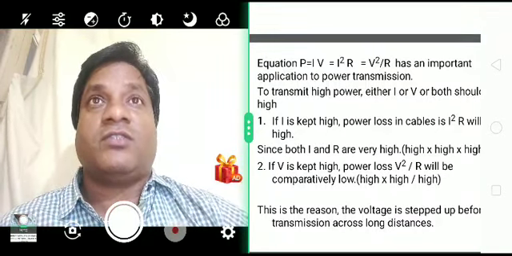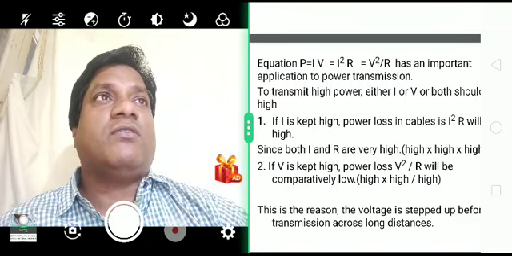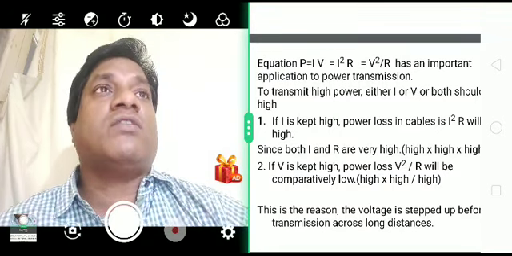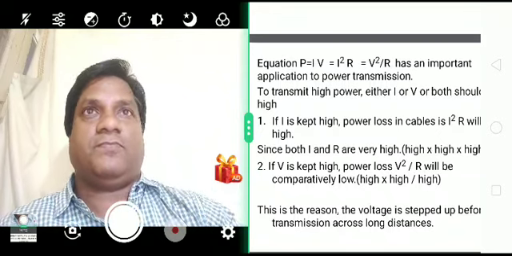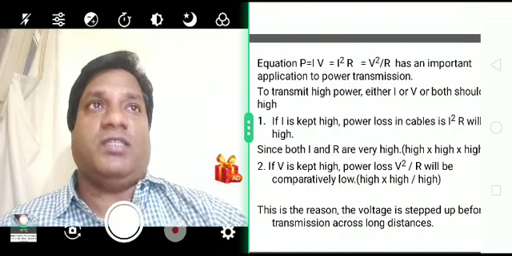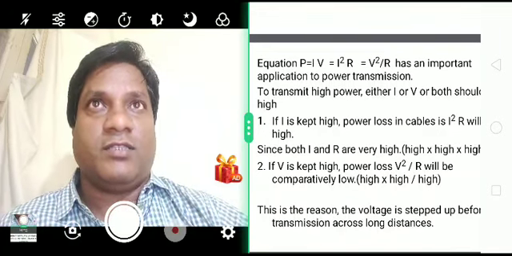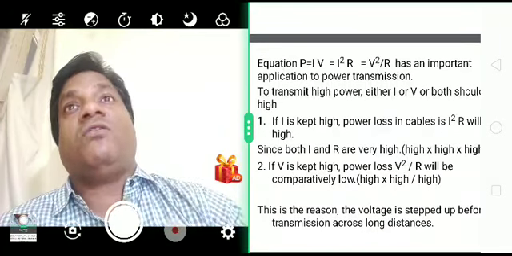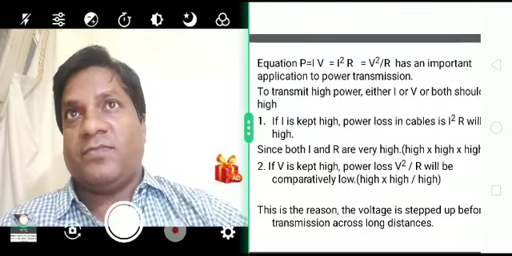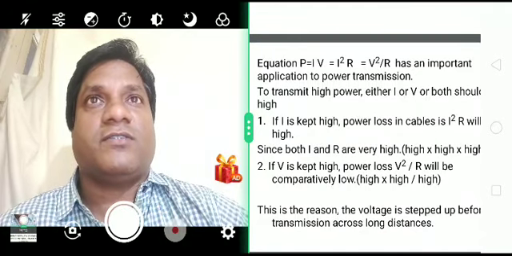Let us understand why. The very long transmission lines have a huge resistance. All of you know resistance is directly proportional to the length. So the very long transmission lines have very large resistance.